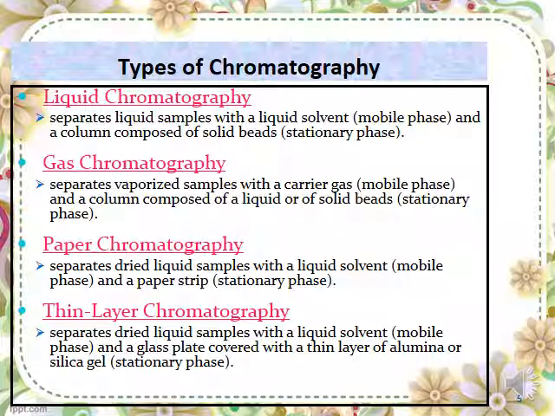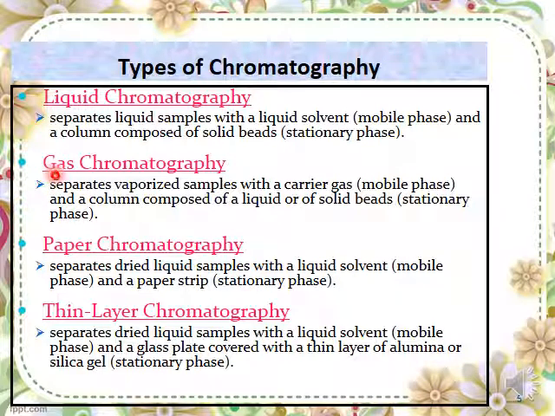So there are several types of chromatography. The first one is liquid chromatography. Liquid chromatography involves separating a liquid sample with a liquid solvent. The solvent will act as the mobile phase, and then we use a column, which acts as the stationary phase. Later on we'll see the detail of liquid chromatography.